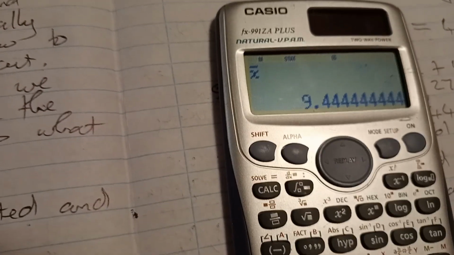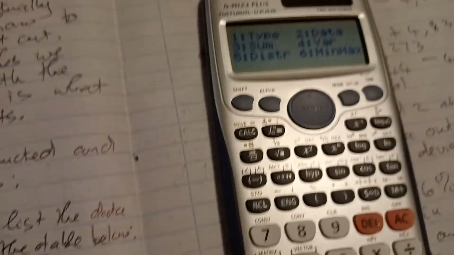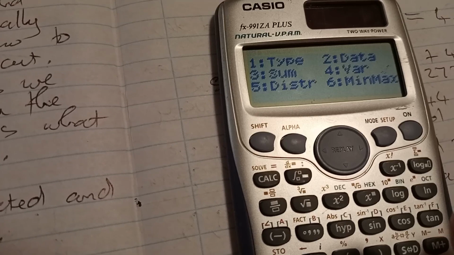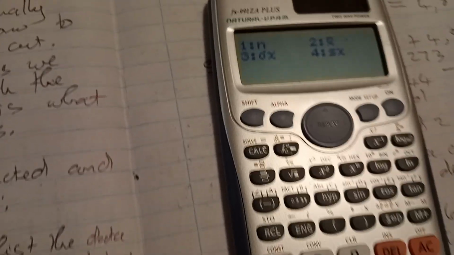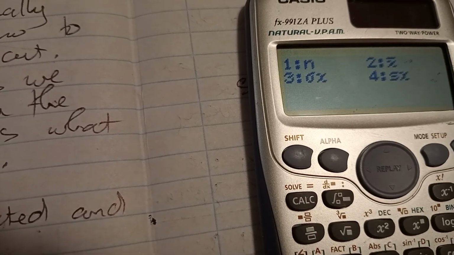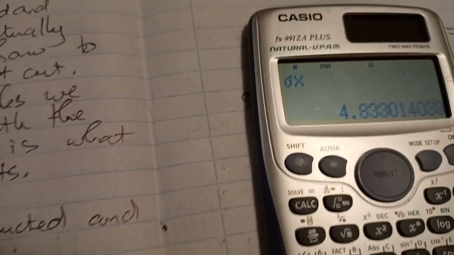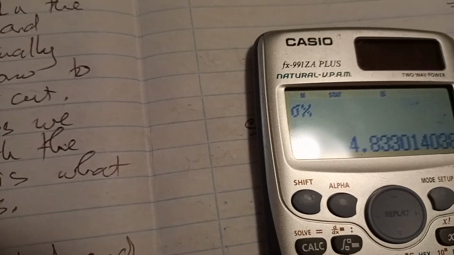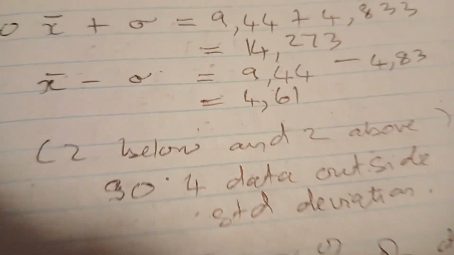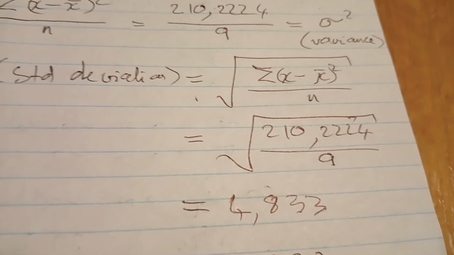Let's go back to AC, press shift and go back to statistical, then number 4 for variance, equals, and now number 3 there is where the standard deviation from the mean is. Let's press 3 and equals, and there we get 4.833, which is exactly the same as what we got in our calculation.